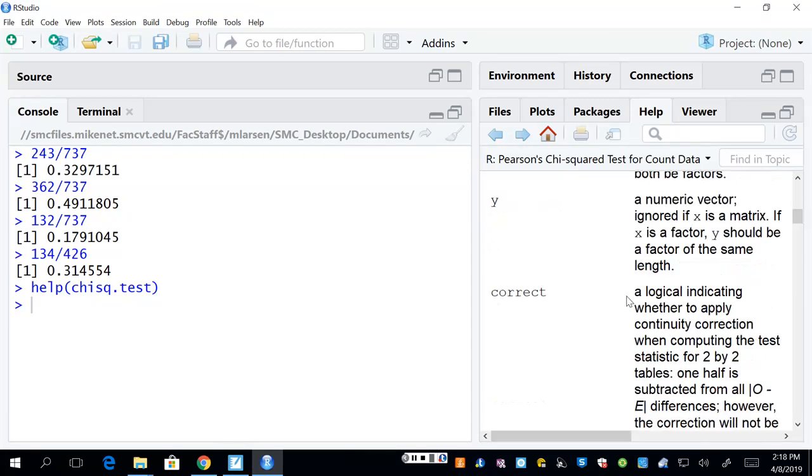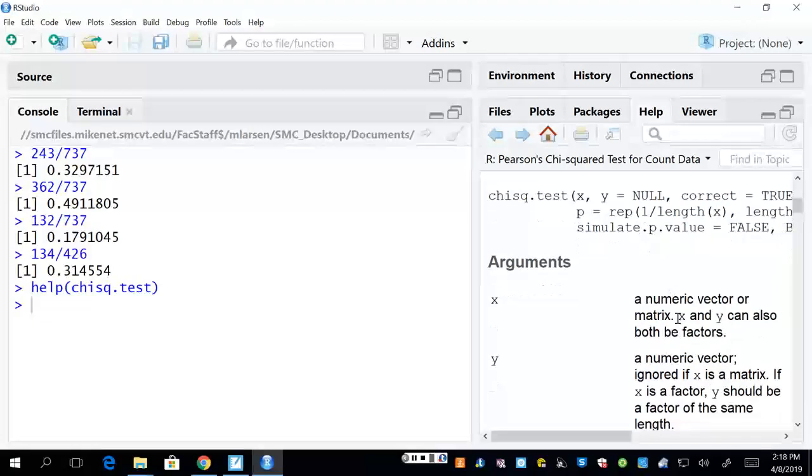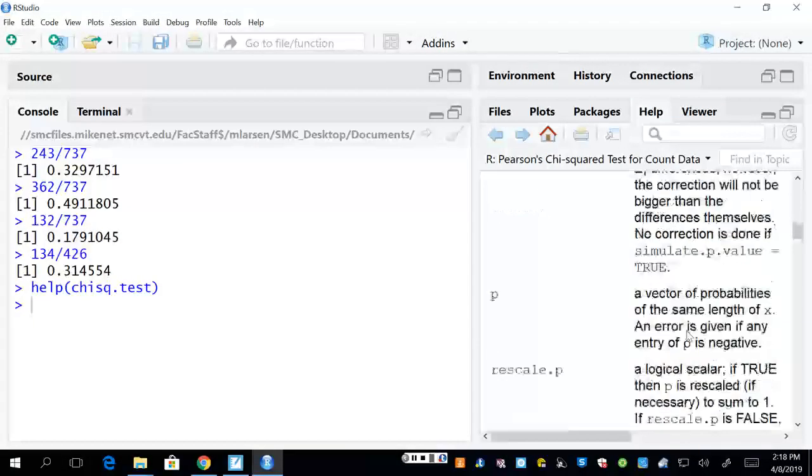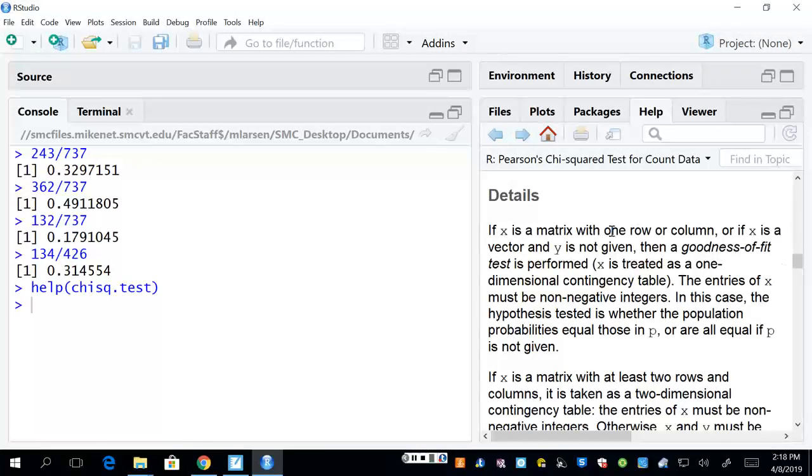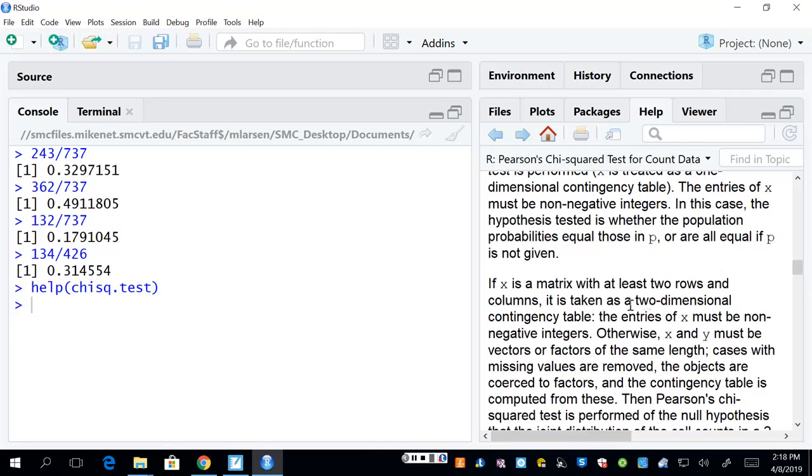It wants x and y. X is a vector, or a matrix with one row or one column. Here we have 2 dimensions, so we just need to put in a table, a little matrix.